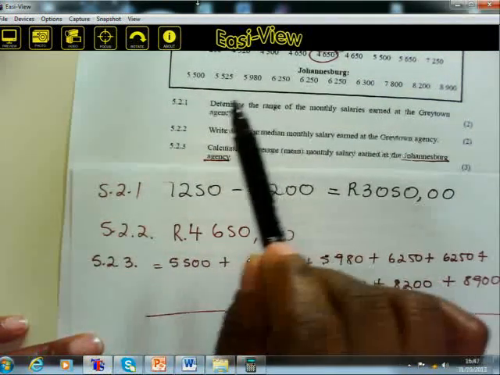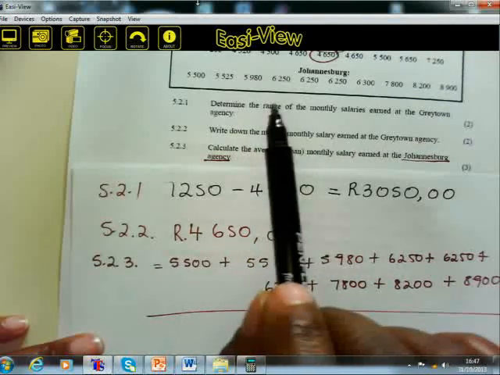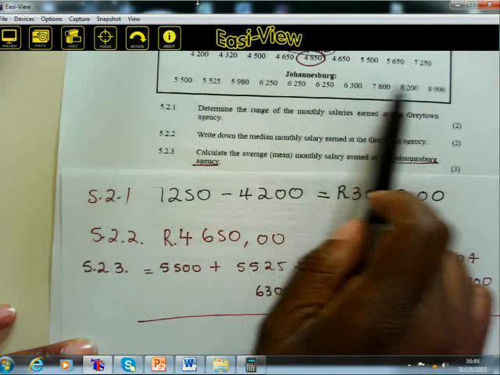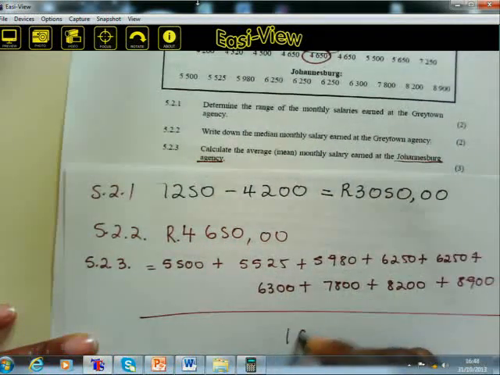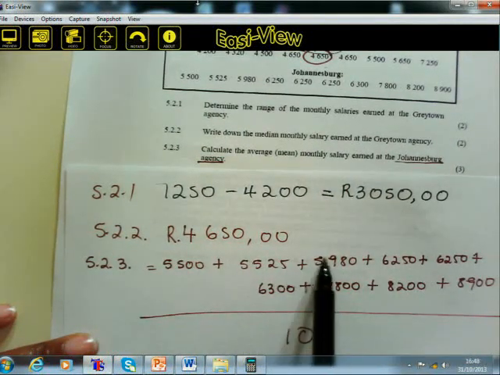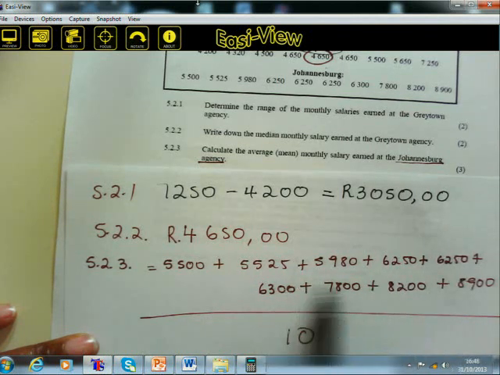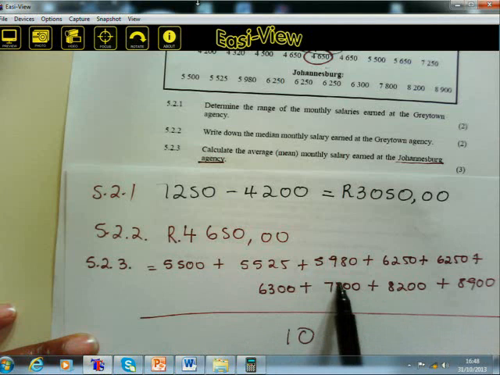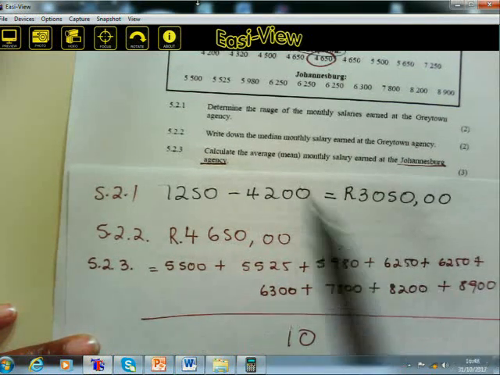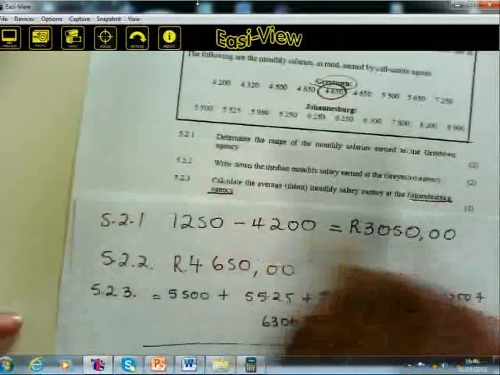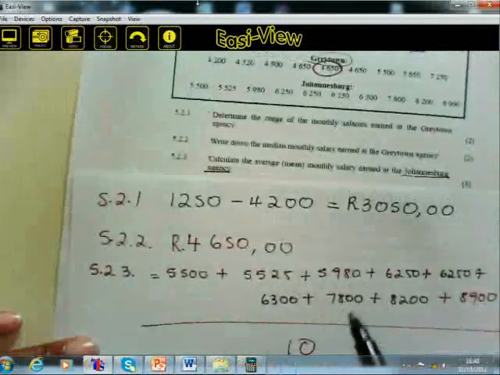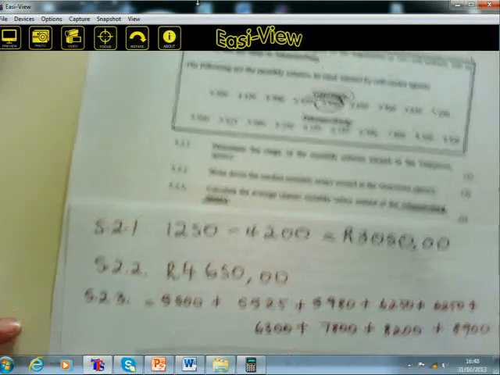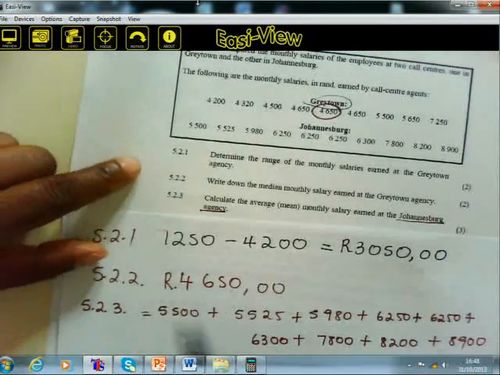So let me go back to the question paper to check how many numbers I have. It's 1, 2, 3, 4, 5, 6, 7, 8, 9, 10. Divide by 10. Let me check. 1, 2, 3, 4, 5, 6, 7, 8, 9. See, it is very important for you to always double check. There are 10 numbers, but I only wrote 9 numbers here. Let's check which number I left out.